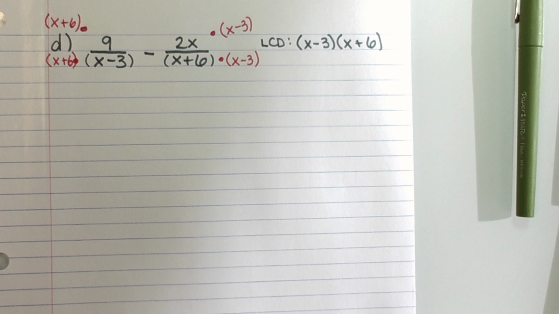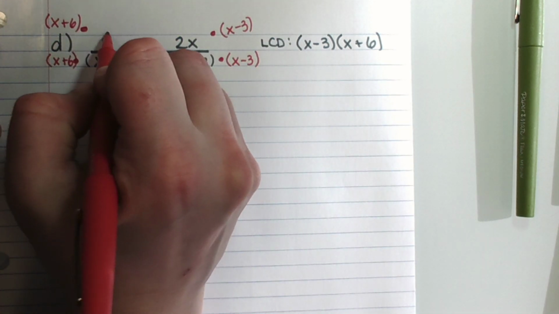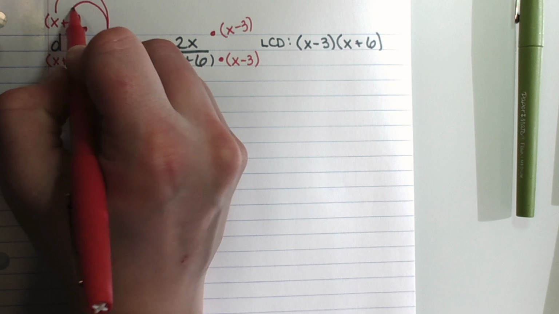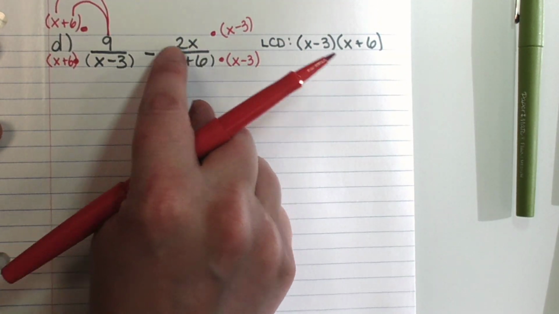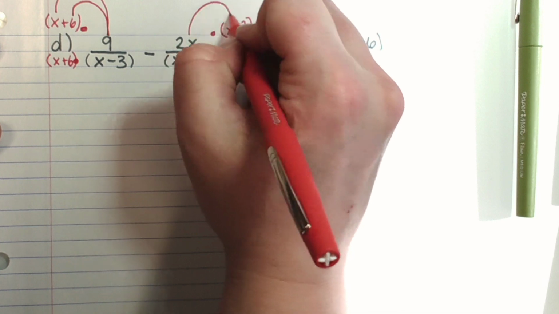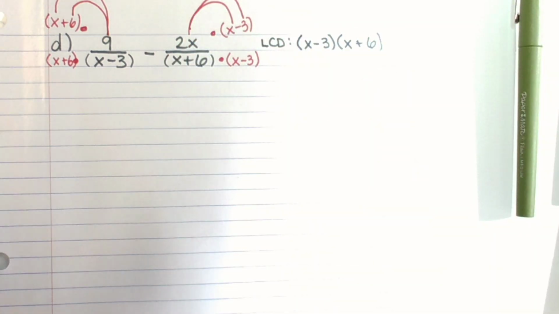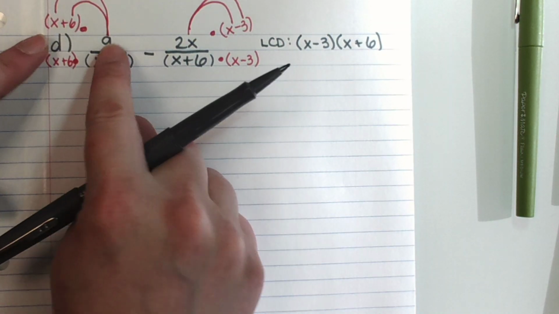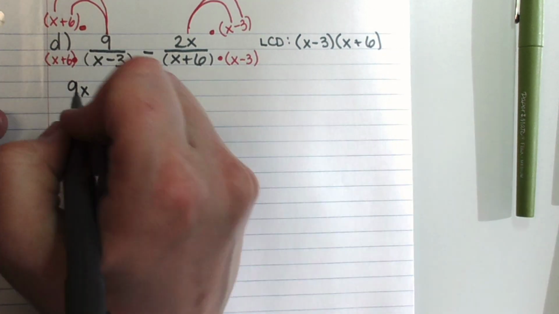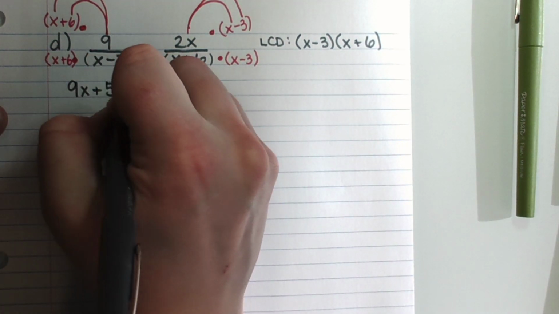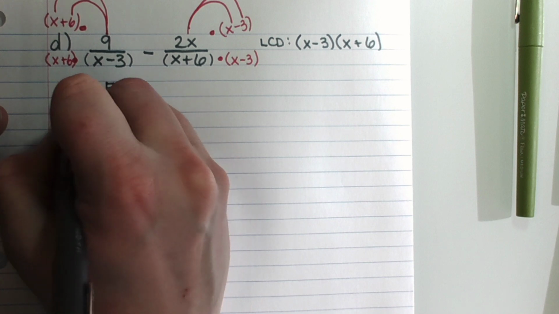Multiplying by something in parentheses versus without parentheses makes a difference because you need to distribute. If this had a plus or a minus, I would need to put in parentheses and distribute it as well. It doesn't, so I don't have to. 9 times x? 9x. 9 times 6? 54. Denominator, leave factored.